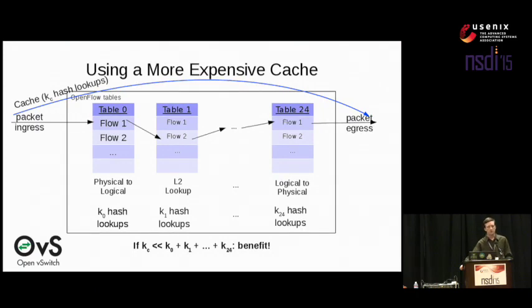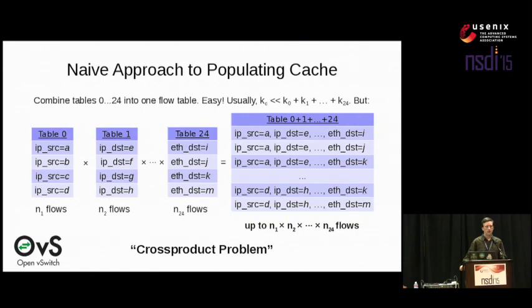In theory, this would work out really well because usually some of these tables match on the same things, and the cost of a single classification, even across all those fields that all of the tables look at, is still much, much lower than the cost of doing all the classifications sequentially.